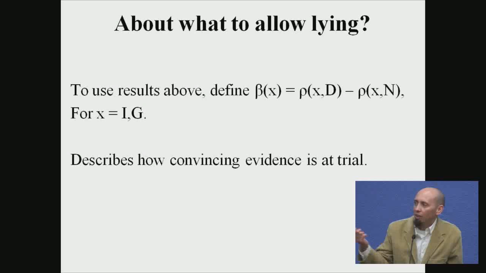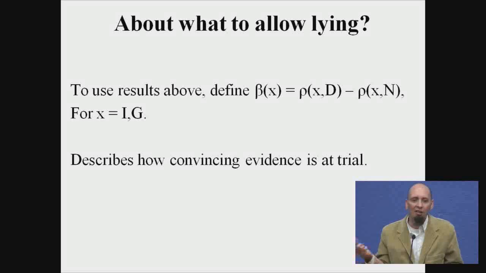Okay, so the way I'm defining this beta is, the X is either I or G, for innocent or guilty. It's just a difference in the probabilities.